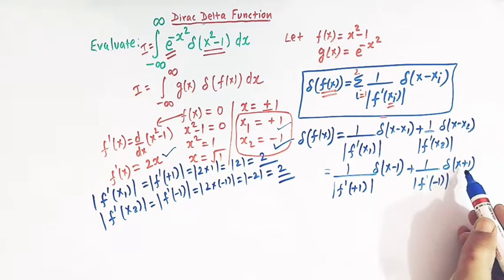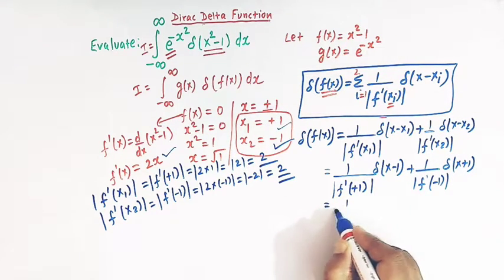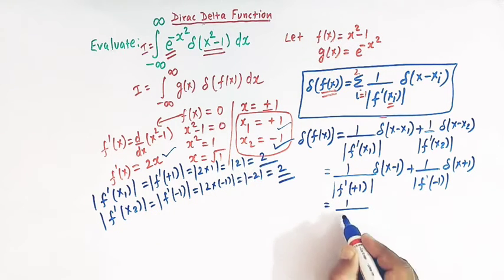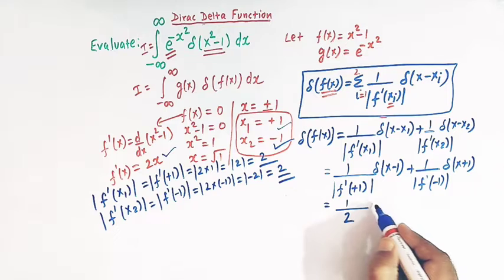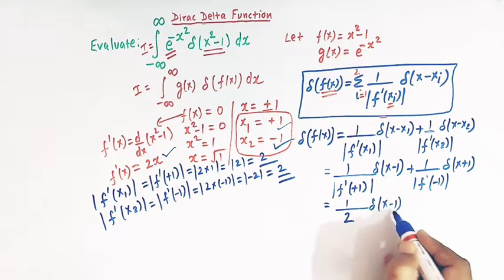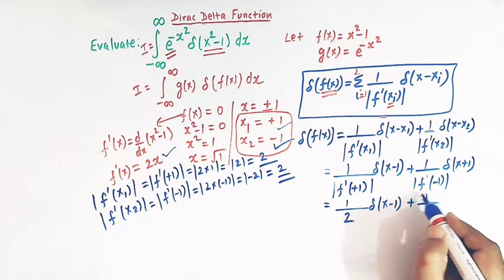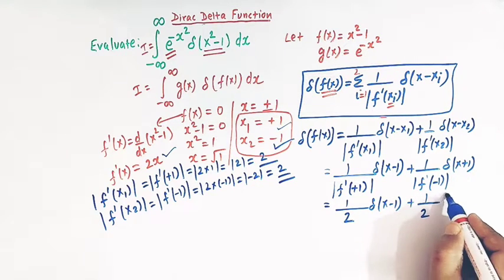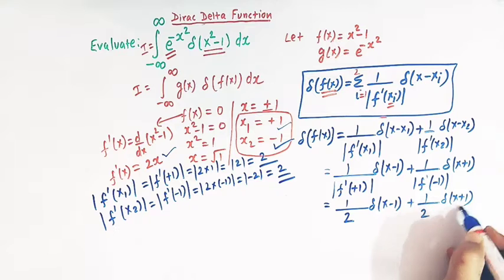So minus and minus becomes plus, right? And mod of f prime of 1 is given by 2. So here we have 2 delta of x minus 1, and here also mod of f prime of minus 1 is 2, and here we have delta of x plus 1, right?